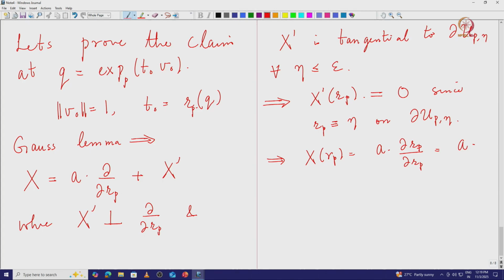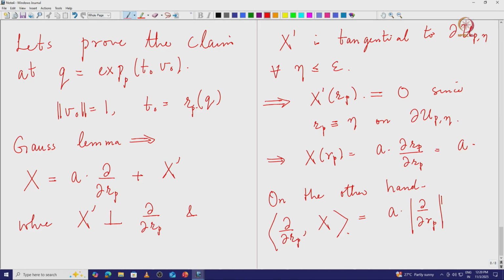On the other hand, what is del by del Rp inner product with X? Well, that's just a times the norm squared of del by del Rp plus X prime inner product with del by del Rp.